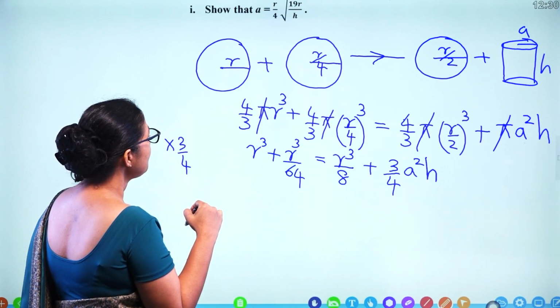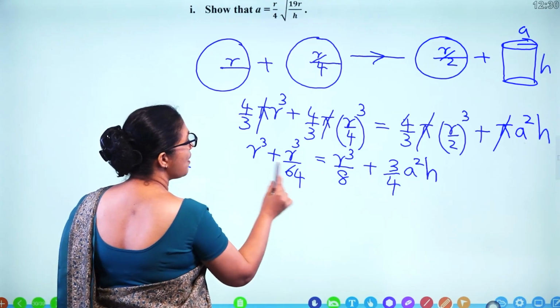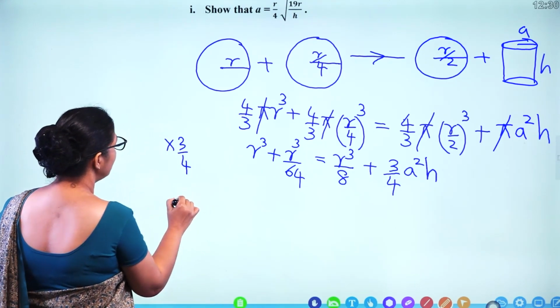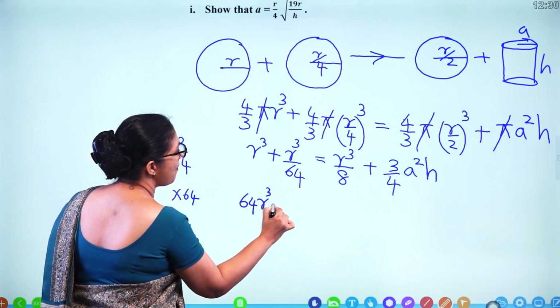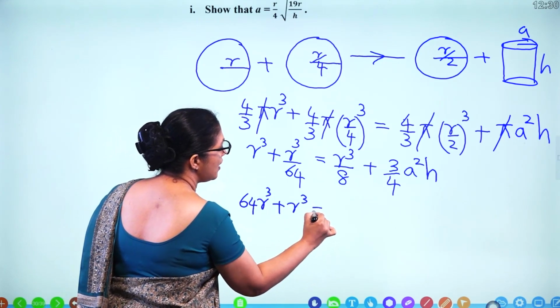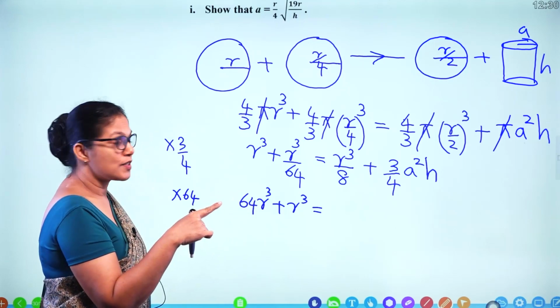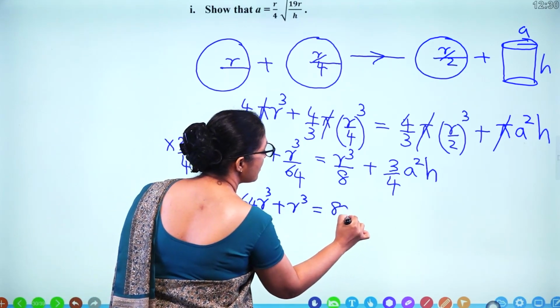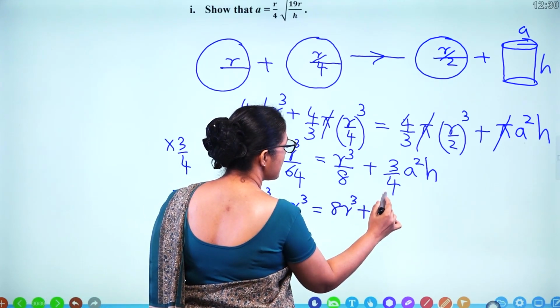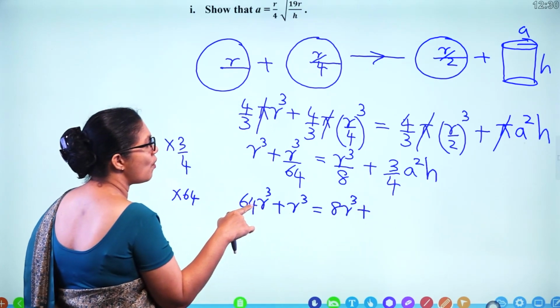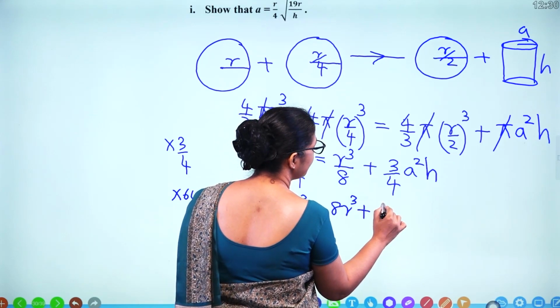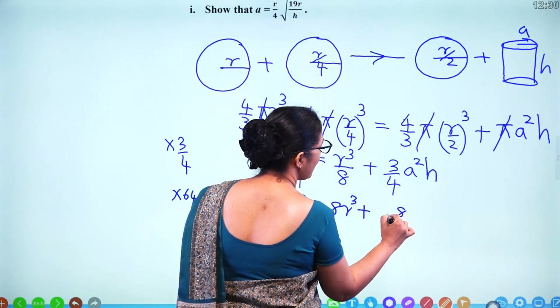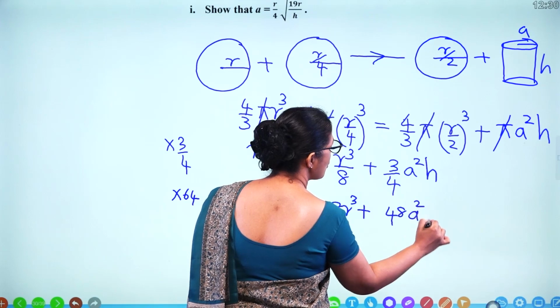Now you can simplify, multiply everything by 64. 64 r cubed plus r cubed, and here multiply by 64, you get 8 r cubed. Plus 64 divided by 4 you get 16, 16 times 3, 48 a squared h.